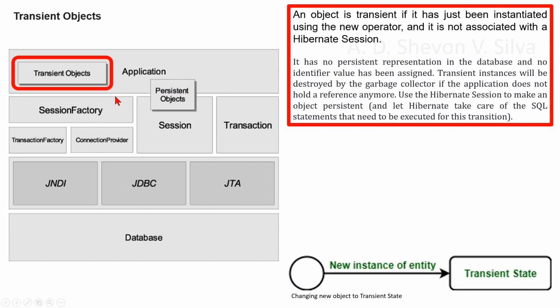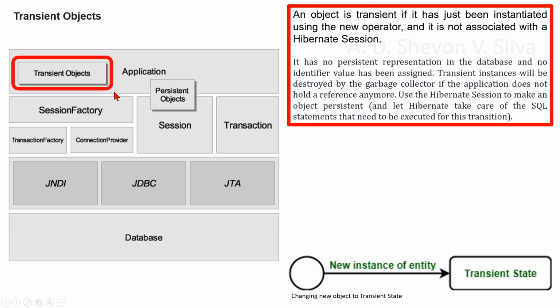Now we are focusing on transient objects. An object is transient if it has just been instantiated using the new operator and it is not associated with a Hibernate session. It has no persistent representation in the database and no identifier value has been assigned.